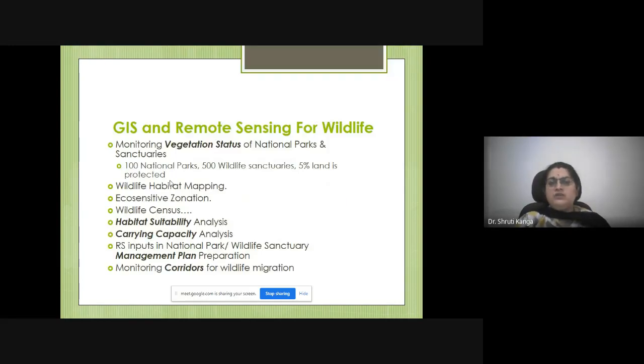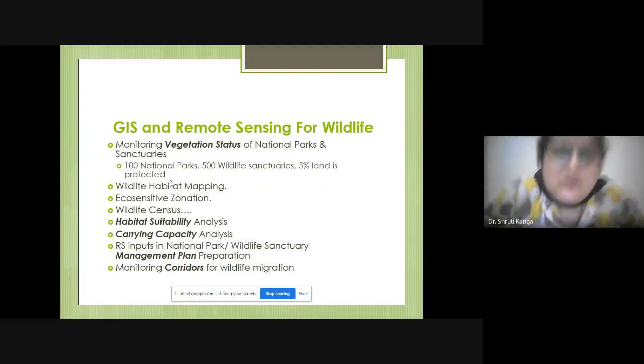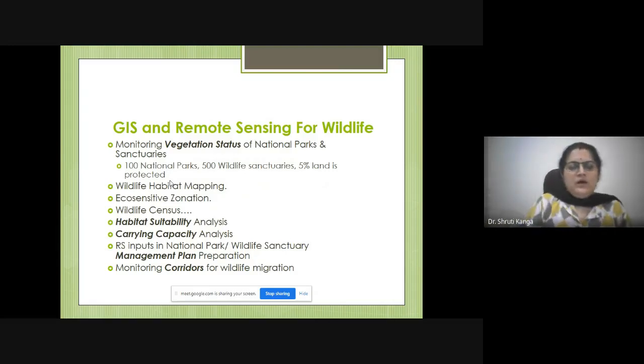Then we have GIS and remote sensing for wildlife. When we are talking about remote sensing and GIS for wildlife, the first thing which we can perform is the monitoring of vegetation status of national parks and sanctuaries. 100 national parks and 500 wildlife sanctuaries, which consist of 5% of protected land.